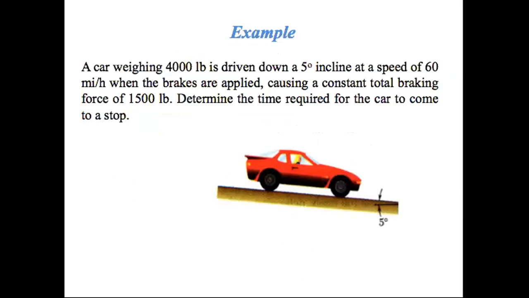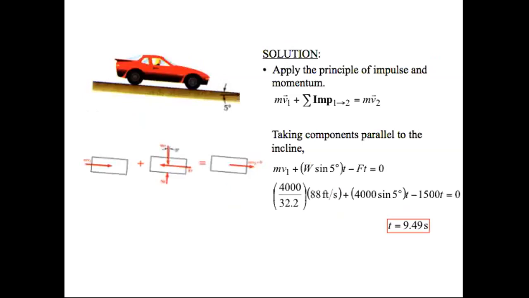Last example. A car weighing 4,000 pounds is driven down a 5-degree incline at a speed of 60 miles per hour. When the brakes are applied, causing a constant total braking force of 1,500 pounds, determine the time required for the car to come to a stop. Again, apply the principle of impulse and momentum.